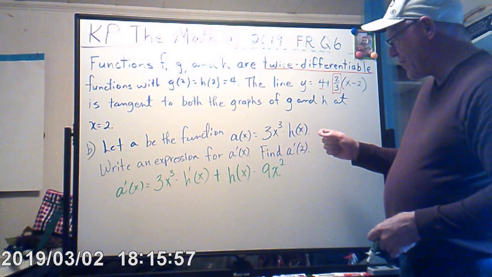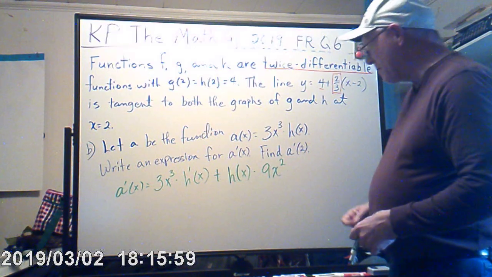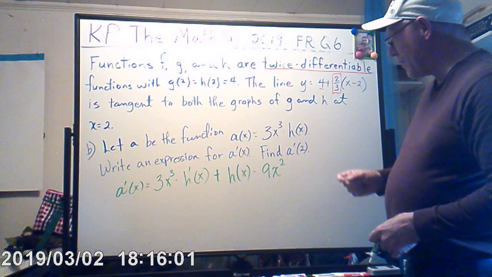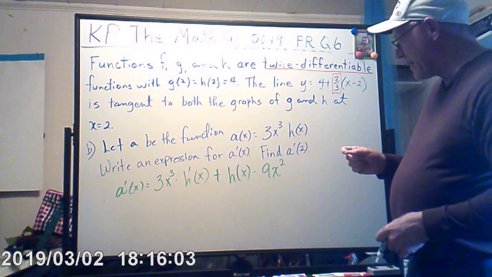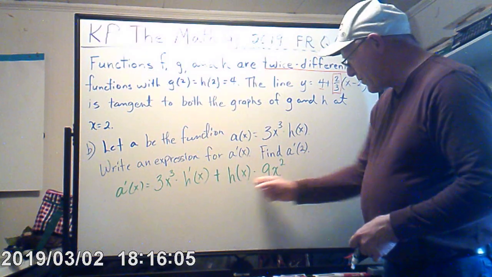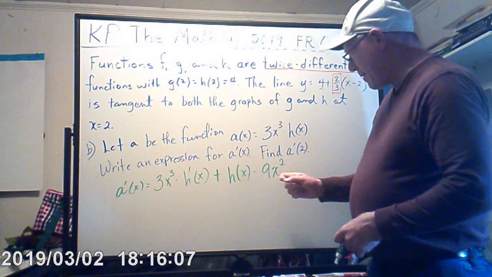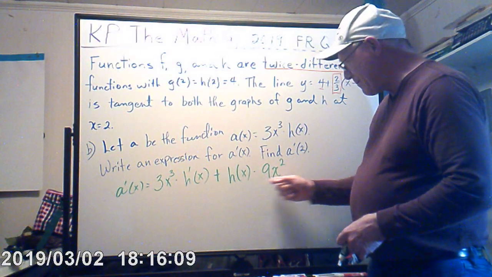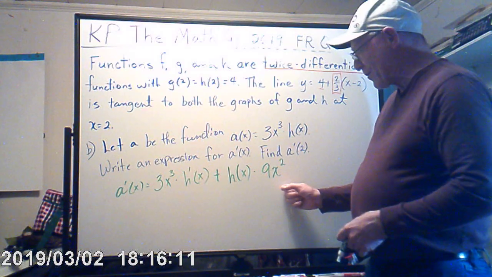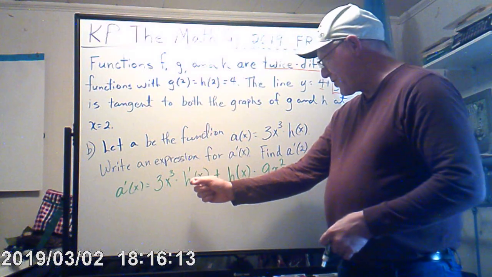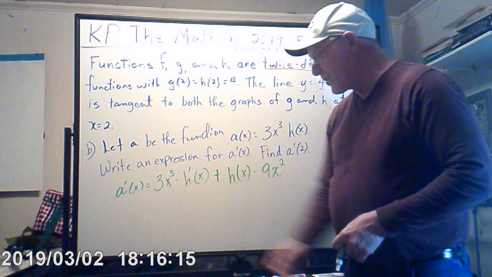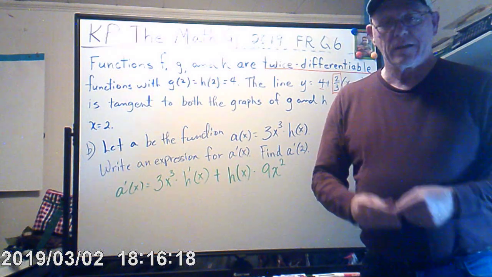Could I have just written down the derivative of the first times the second, just doing it backwards, plus the derivative of the second times the first?